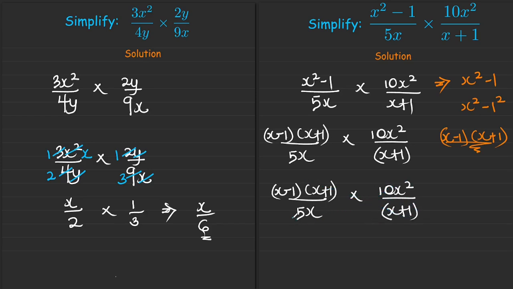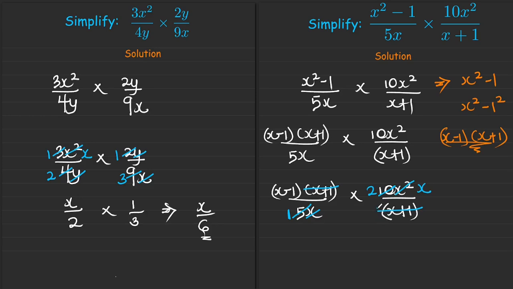Starting with the numbers, we have 5 dividing itself once, then it divides 10 twice. I think that is all with the numbers. We have x plus 1, that divides x plus 1 here as well, giving us 1. Then we have this x dividing this x squared to give us x. You take note.